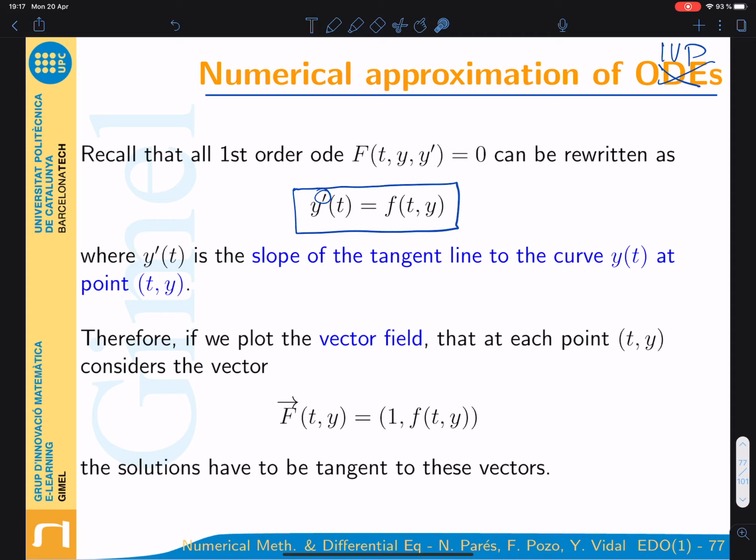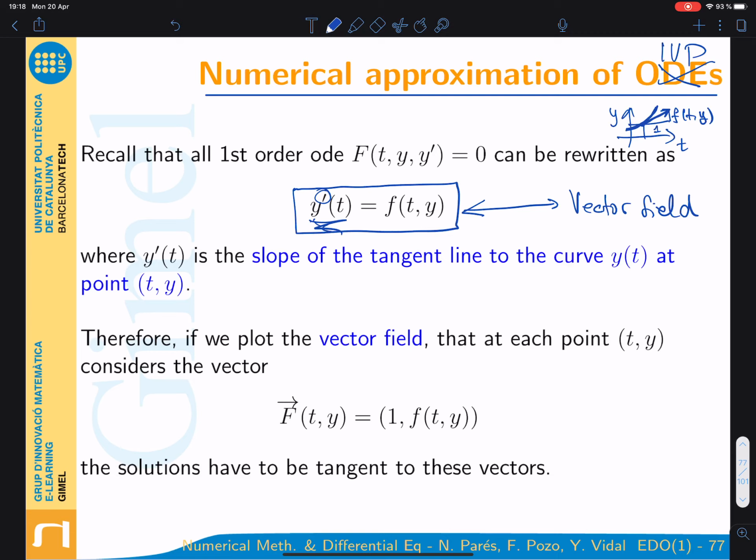So we saw in previous lectures that, in fact, an ODE can be seen as a vector field, because at any point, if this is t and this is y, I can select a point here and draw a vector that is given by f of t, y, 1, because the solution that will go through this point will be tangent to this vector, and the slope of this vector, which is tangent to the line, is given by y prime of t.